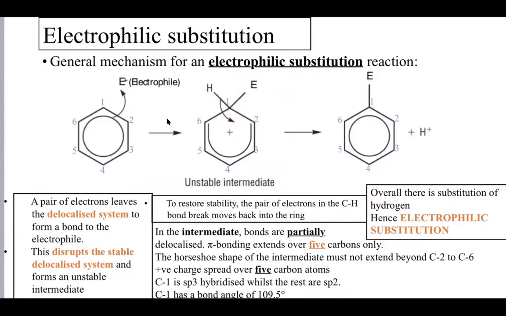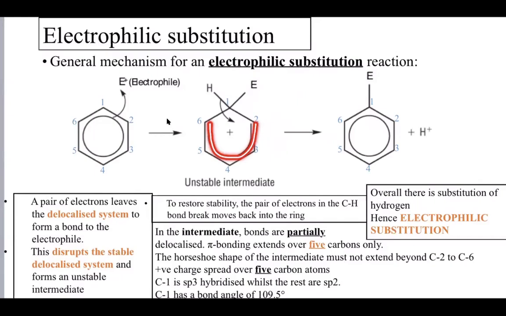Everyone else has 3 bonds. So carbon number 1 has a bond angle of 109.5 instead of 120 degrees. Once you change the hybridization of the carbon, the bond angle will also change. What else do I want to point out here? The pi bonding extends over 5 carbons, the 5 carbons where your electrophile is not sitting on.